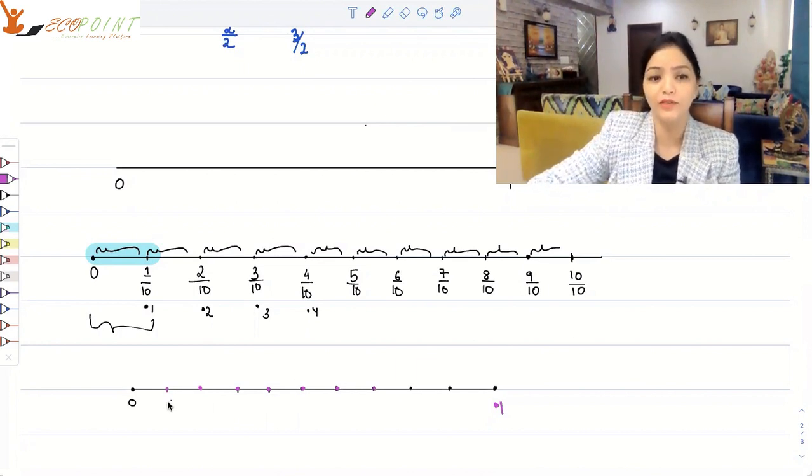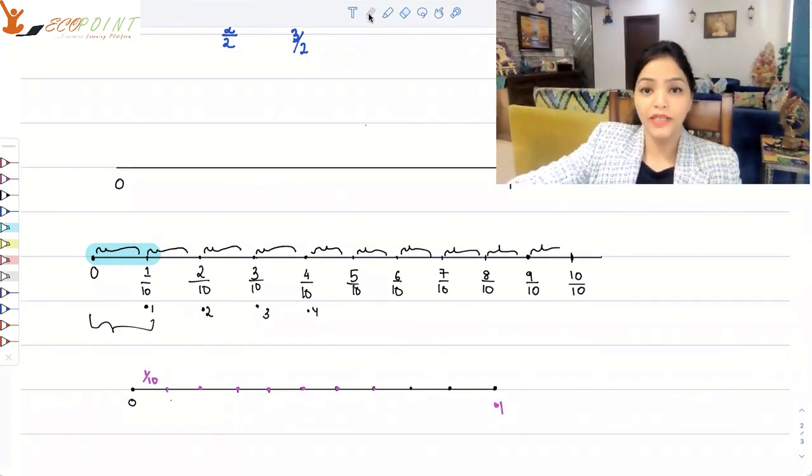That means the next point to 0 is 1/10, because it's the first point after 0. So it becomes 1/10 of 0.1. That means it's 0.1 upon 10.